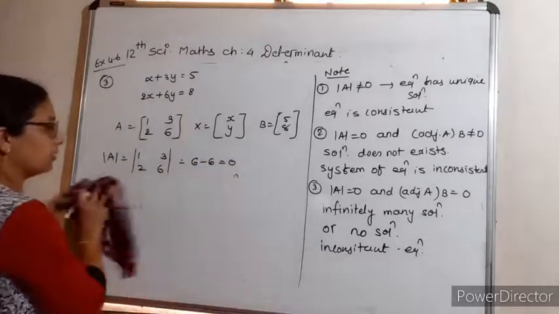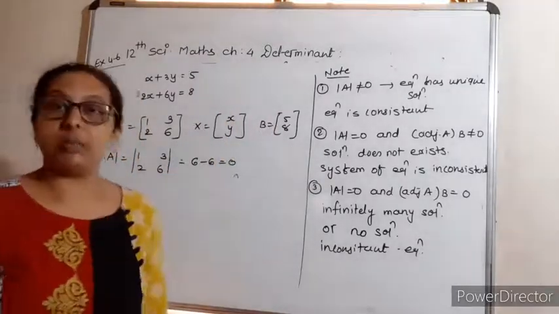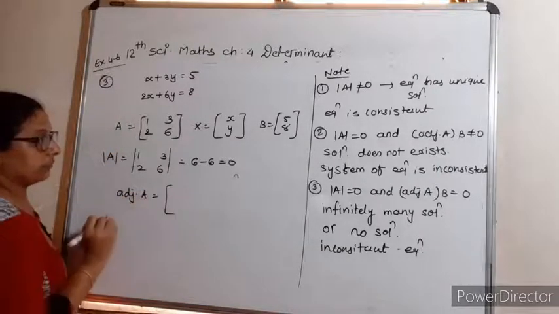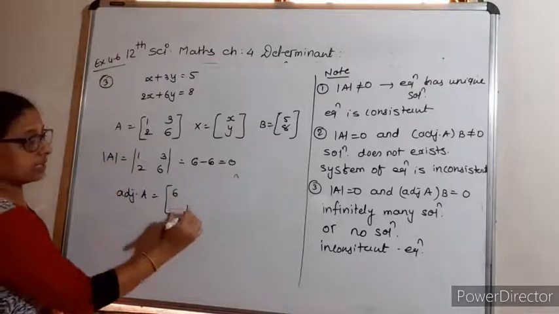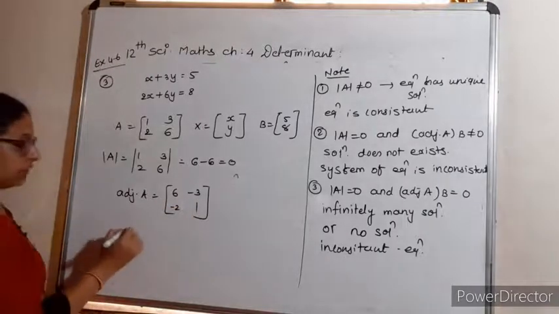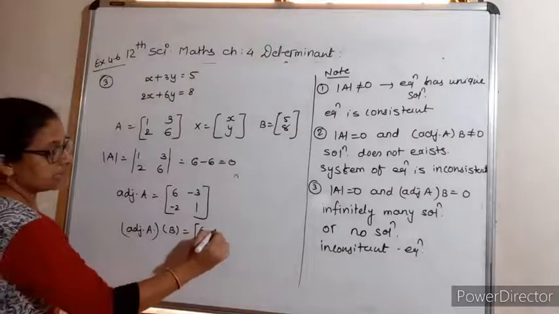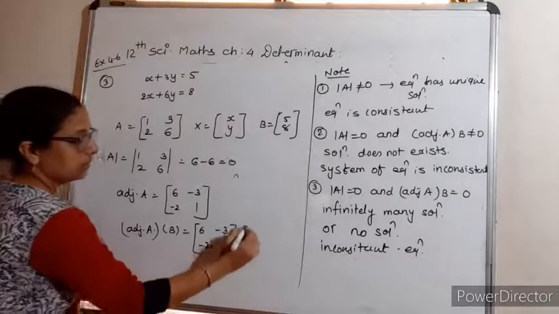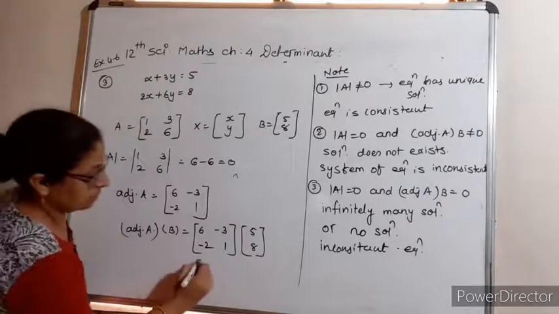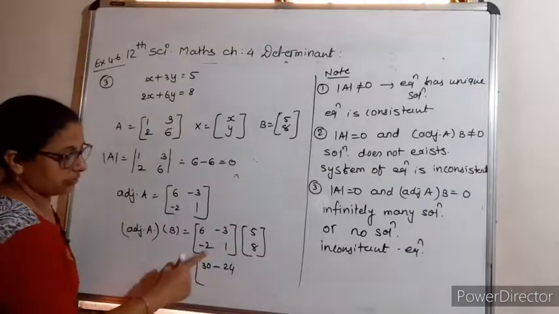If the determinant is 0, then there are two cases, so you have to find the adjoint of A and then multiply with B. So that is the adjoint of A. Change this 6, 1. Change the sign, minus 3, minus 2. That is our adjoint. Now we will find adjoint of A with B: 6, minus 3, minus 2, 1 into B, 5, 8. 6 5s are 30 minus 24.